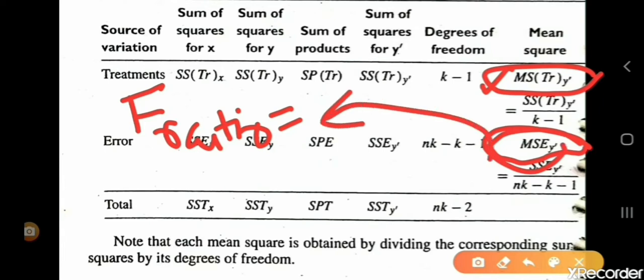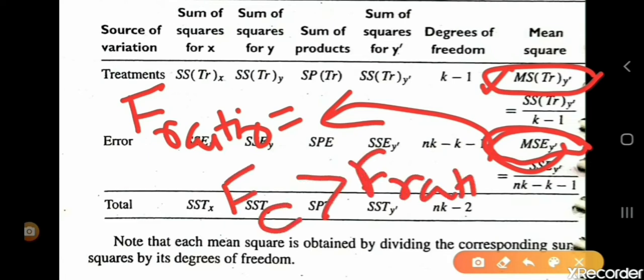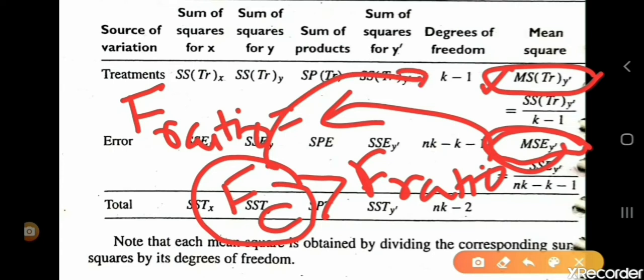So this will give the F ratio, and if this F ratio is less than F critical, or F critical is greater than this F ratio, then we can reject our null hypothesis like in our previous case. The F critical will be calculated at the given significance level and treatment and error degrees of freedom, k minus 1 comma nk minus k minus 1.